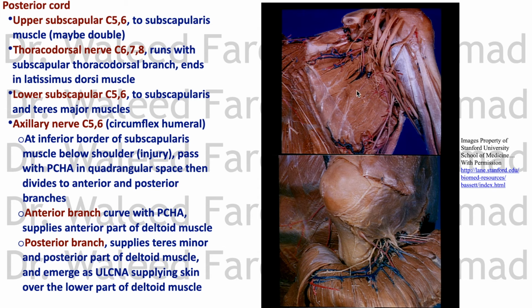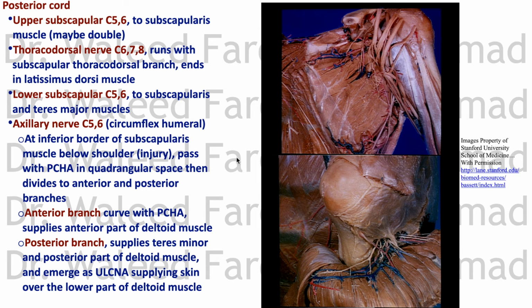Lower subscapular to subscapularis and the teres major muscles. The upper and lower subscapular branches very frequently you find them as multiple branches. They are not only one branch each.